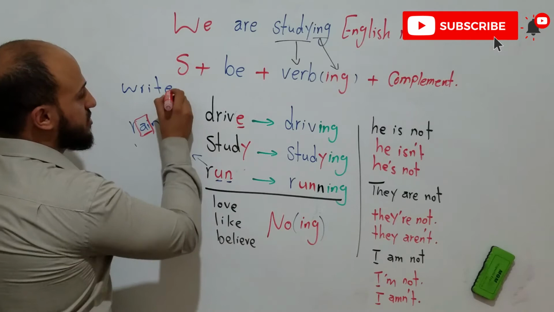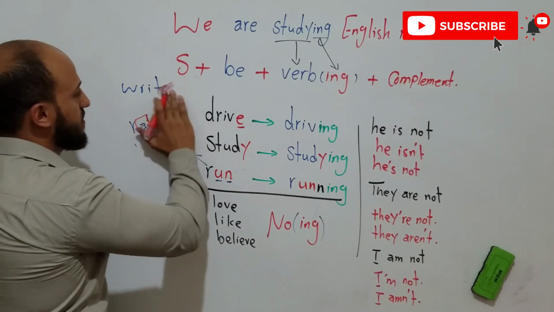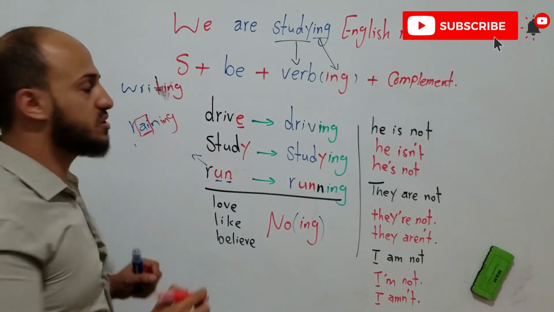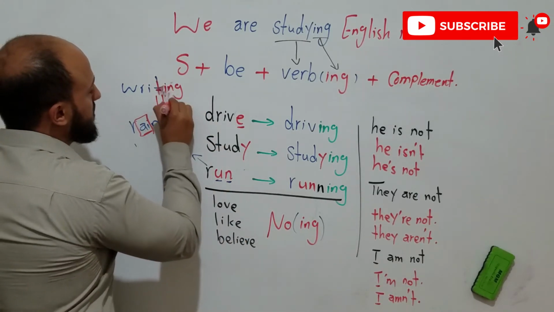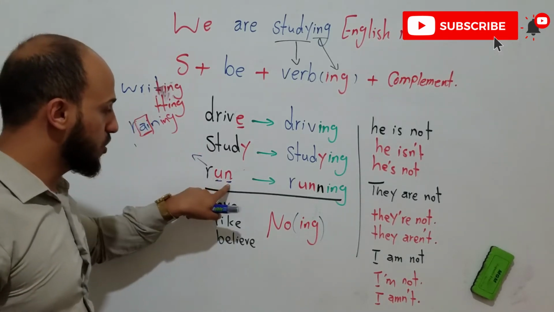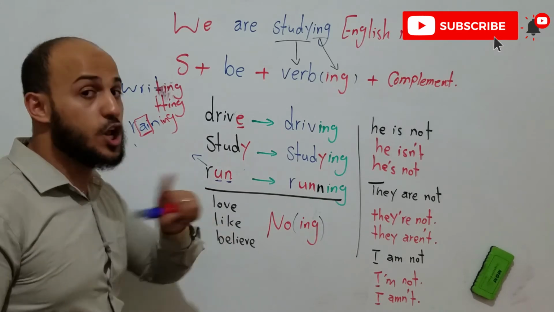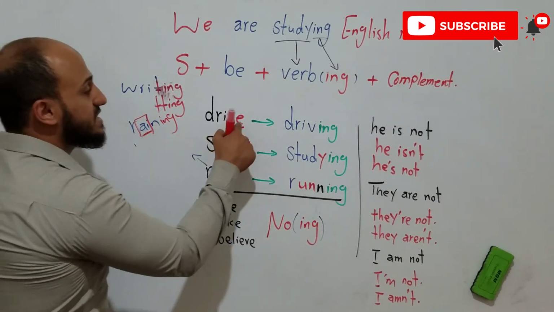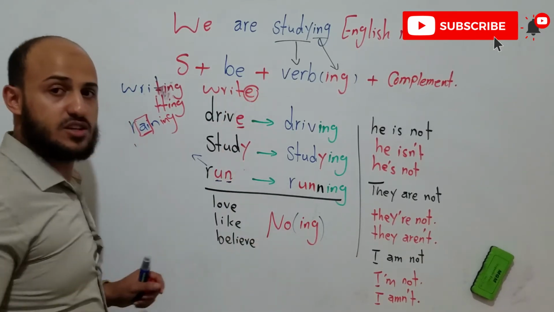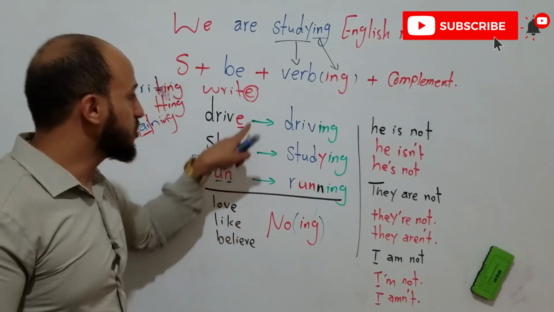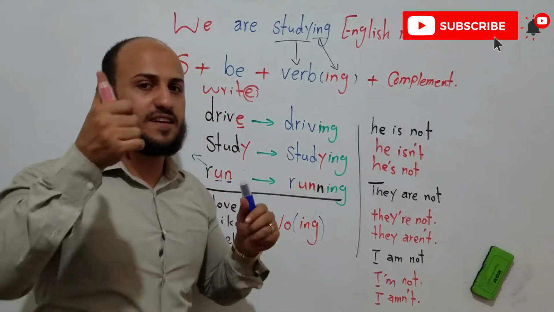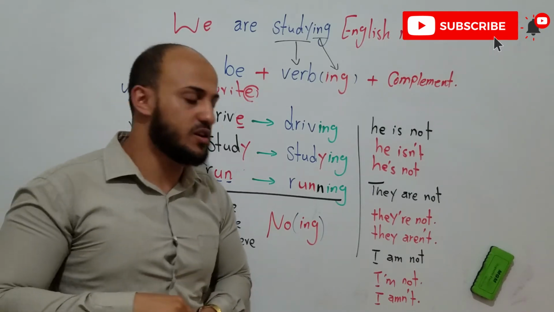You have E, so you delete it and write ing. Maybe some students will tell you, no, we need to double the T, because they have T and I before it, which is the same thing as in running. No, you deleted E, right? If you delete E, no doubling. Very good. I hope you understand this, guys.